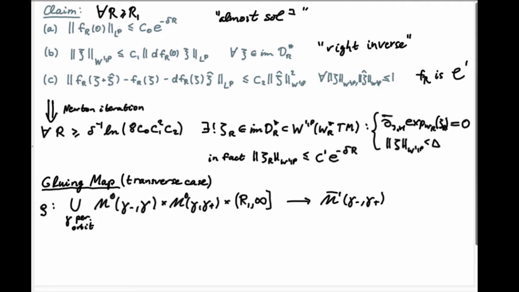X's and zetas are all sections of the pullback tangent bundle, and the unique one that I'm finding is in this space here on which I have the right inverse. So I'm asking it to lie in there. I'm also asking it to have fairly small norm. The delta is another uniform constant here. And I'd like it to actually be a solution.